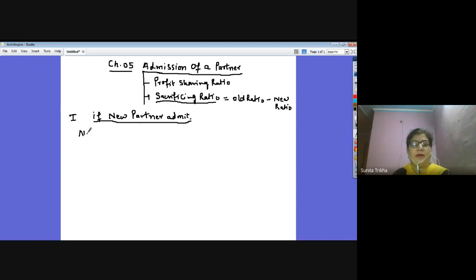The formula for calculating the new ratio is remaining share into old share. The old share will be given, and you need the remaining share.